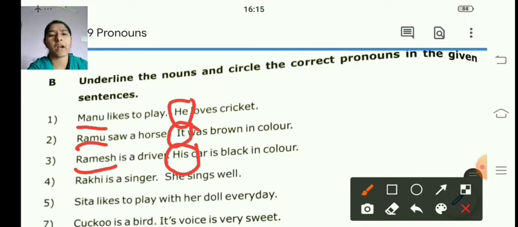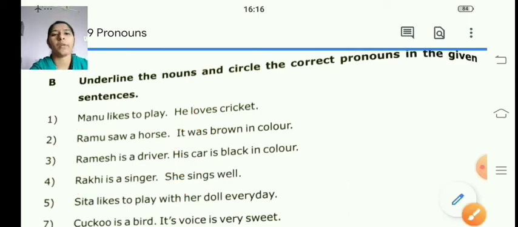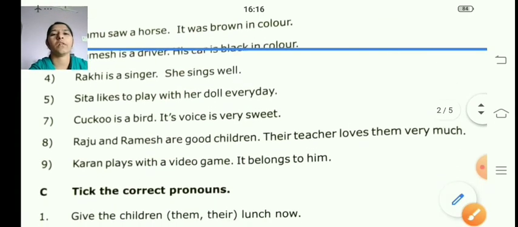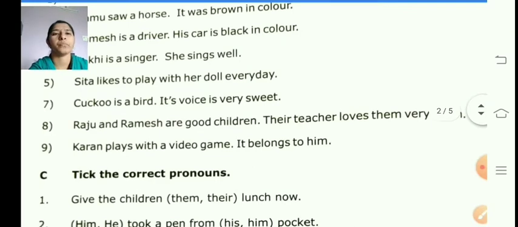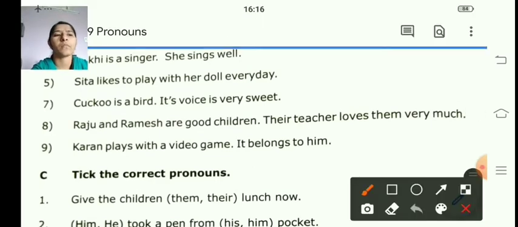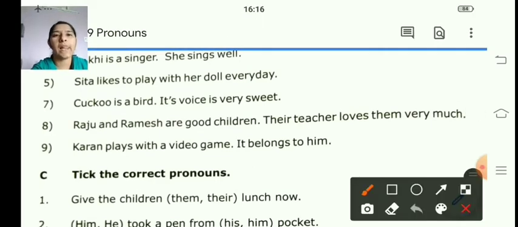Yes. Raki is a singer. She sings well. So we are circling she. Right, children? So now we'll move on to the fifth one here. Sita likes to play with her doll every day.